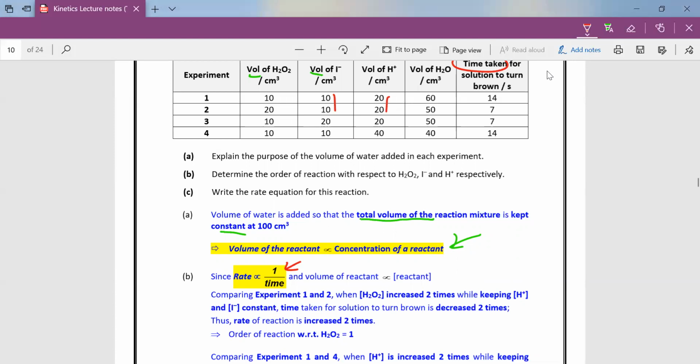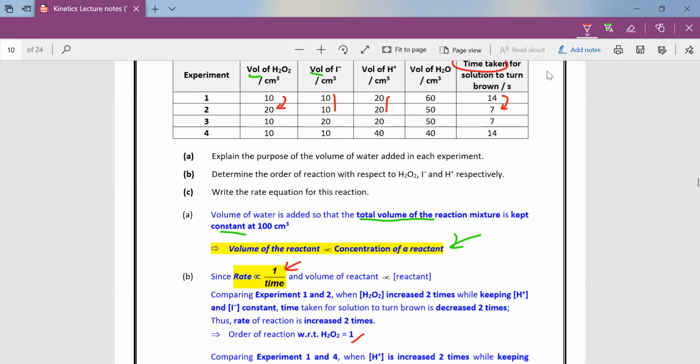Water is used to top up, and then peroxide is doubled. What happens to the rate of reaction? It also doubles, because 1 over 14 changed to 1 over 7. So the rate of reaction also increases by 2 times. So the order of reaction with respect to peroxide is 1.